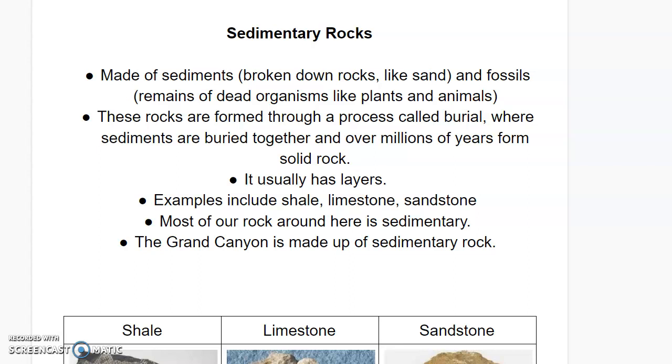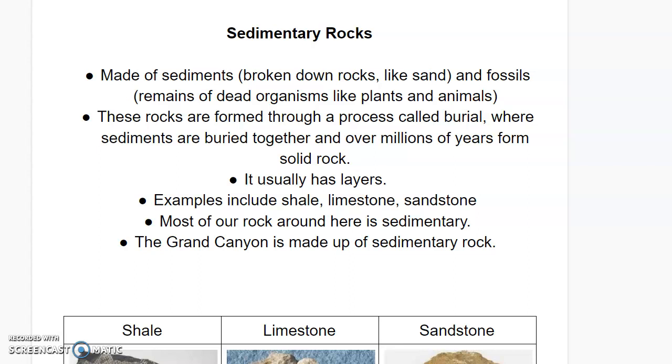So basically, the sediments are buried under the ground, under the earth, and then over millions and millions of years they become solid. And then a process called uplift brings them to the surface. So that's how we are able to see sedimentary rocks.